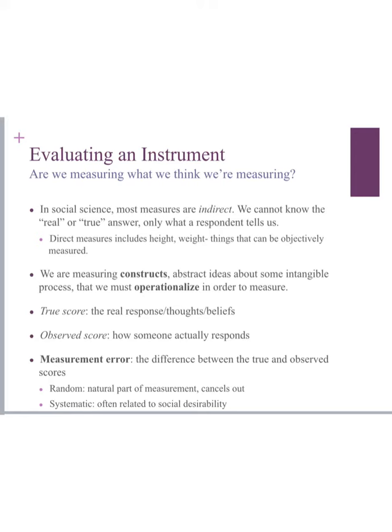So there will always be random measurement error. It's a natural part of measuring human beings. And then sometimes there's measurement error that is systematic, which means it's due to weaknesses in our measures. And I'm going to talk about validity next, which is another way to strengthen measures and make sure that we're measuring what we think we're measuring.